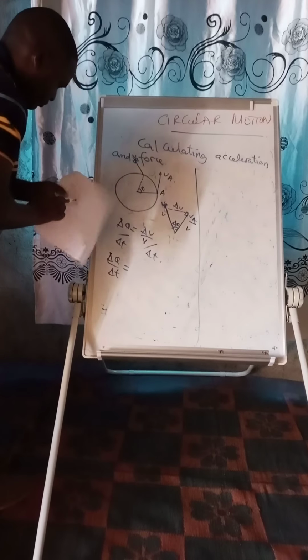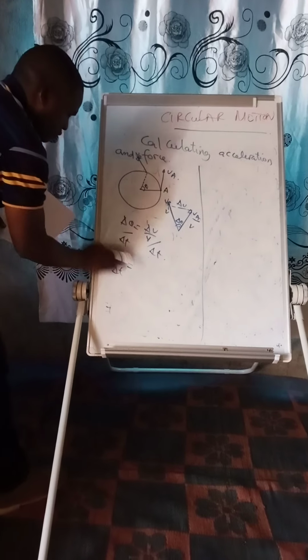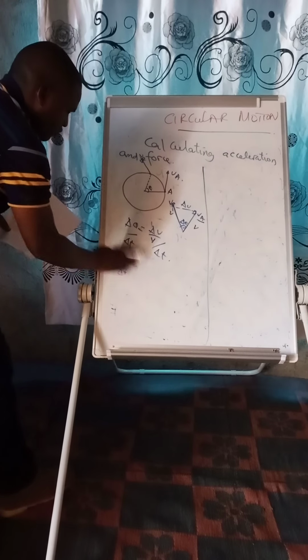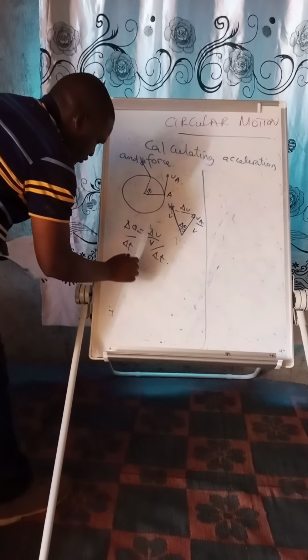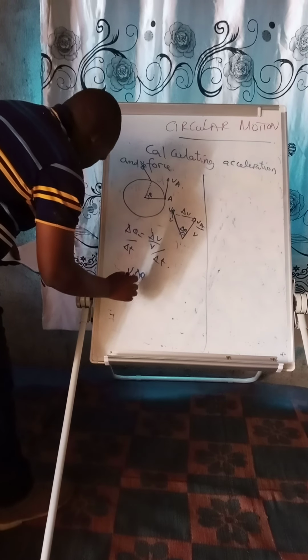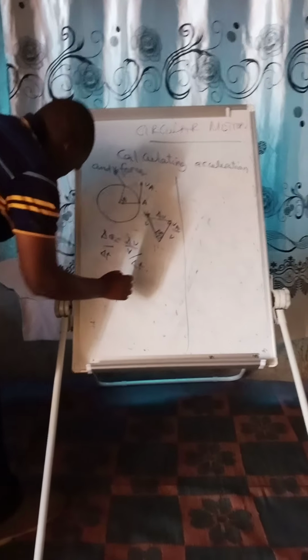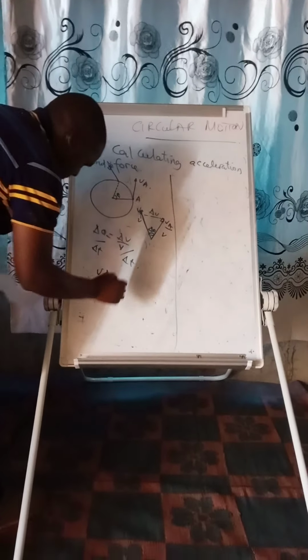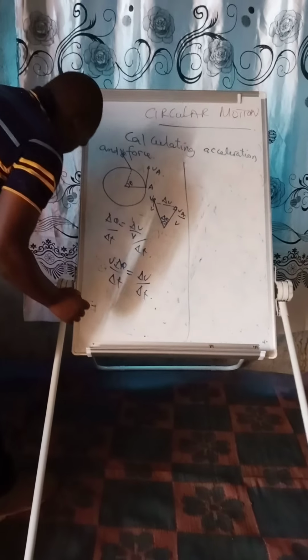so if you divide here, it will be V times change in theta over change in t, which is equal to change in V over change in t.